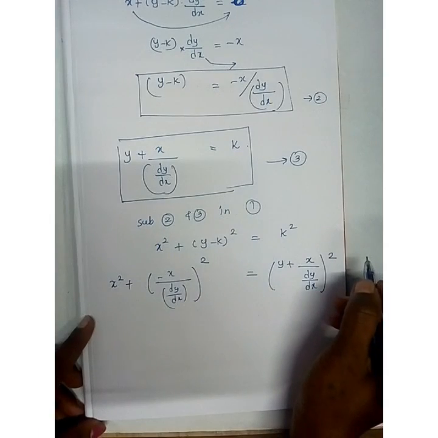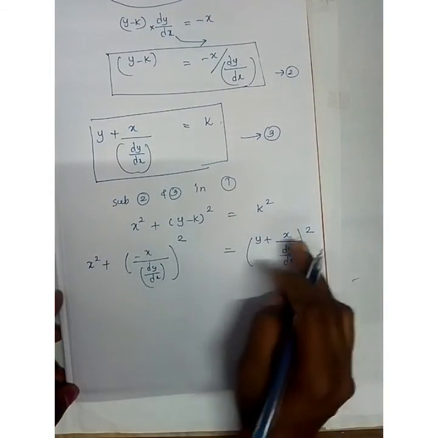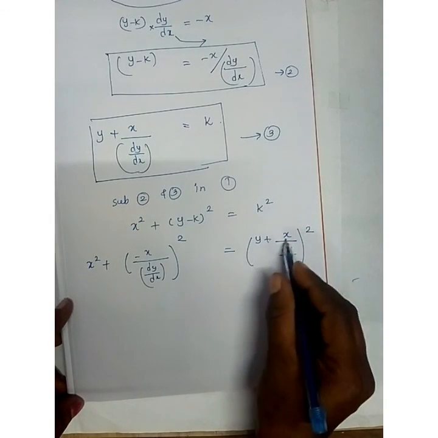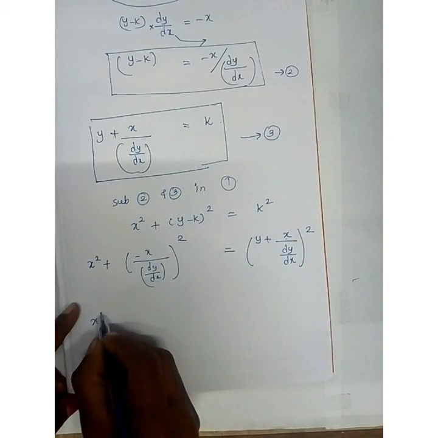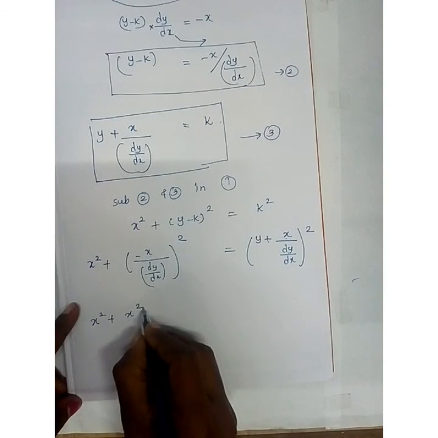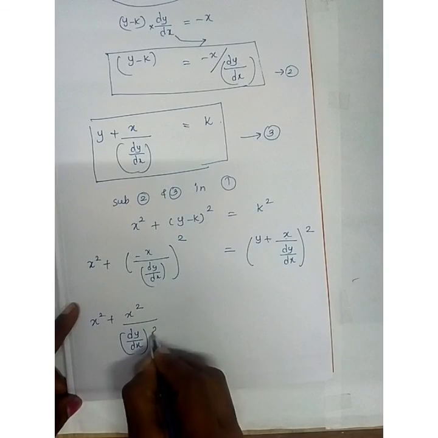Now I am going to segregate this power to both numerator and denominator. Minus x whole square will become positive x square, and the denominator part is dy by dx the whole square.